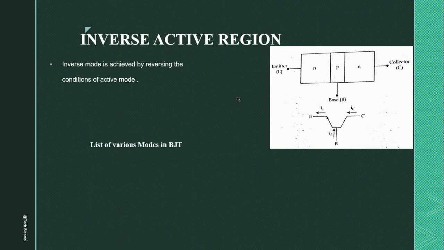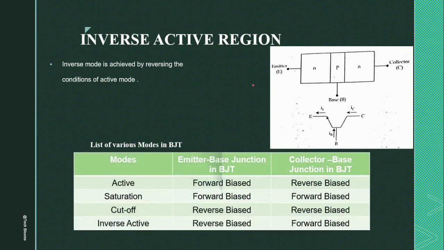So whatever we have studied, we'll just list it in tabular form. So here you can see 4 different modes: emitter base junction in BJT and collector base junction in BJT. You have active region. In that, your emitter base junction is forward bias and your collector base junction is reverse bias.